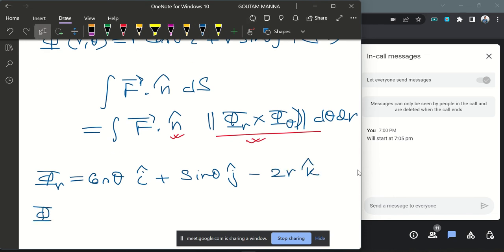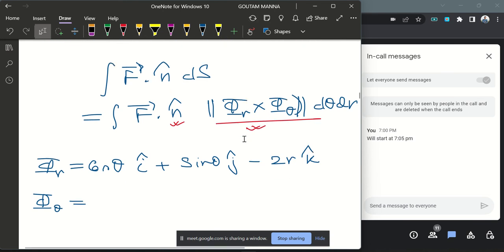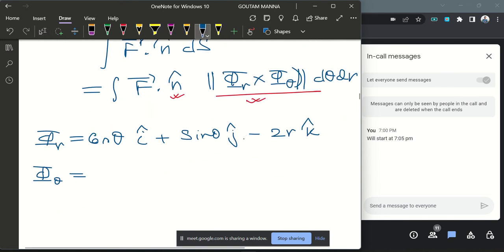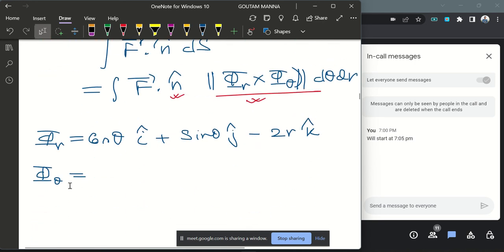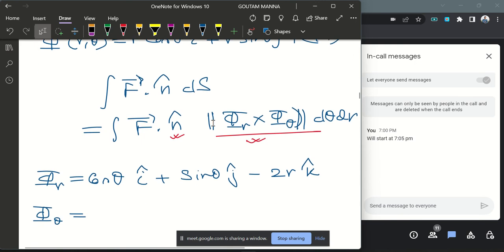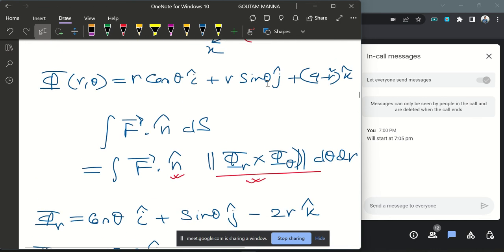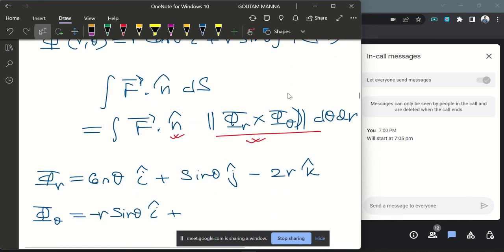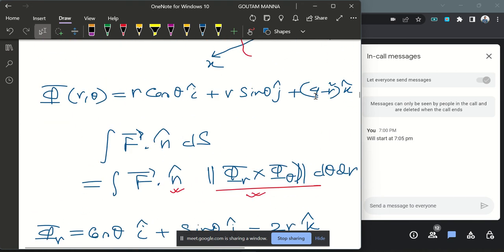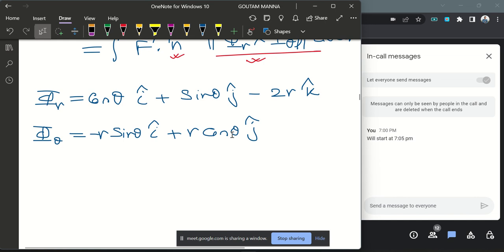And phi theta is the partial derivative of this quantity with respect to theta. So then it will be minus r sin theta i hat plus r cos theta j hat, and there is no theta dependence here, so it will be 0.